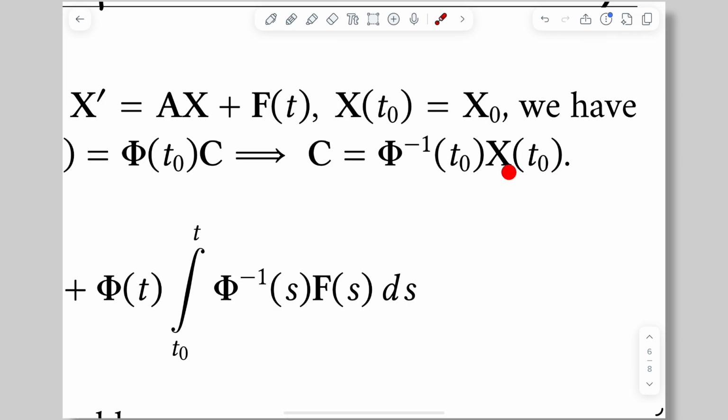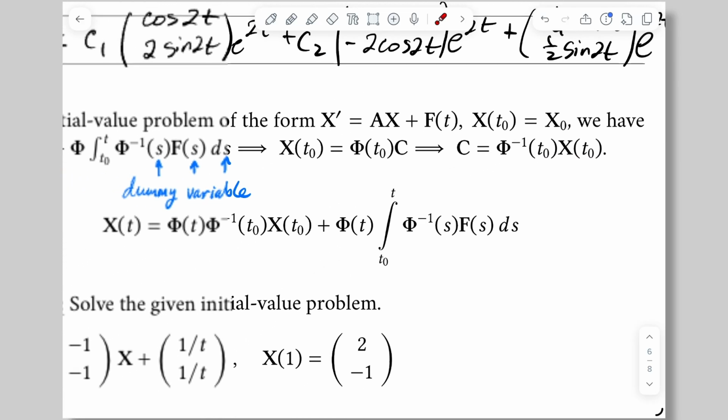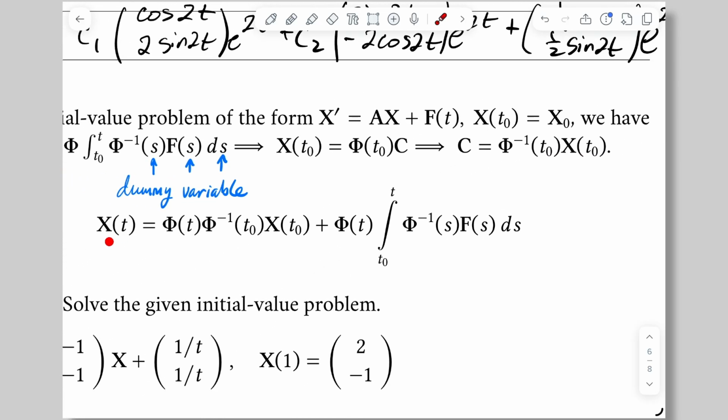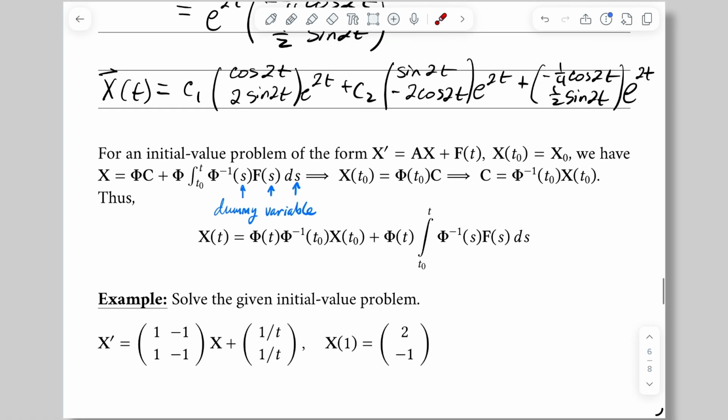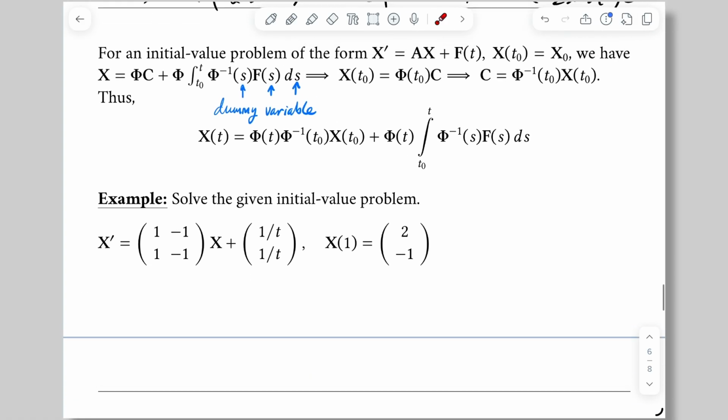That's the information that we have in our initial condition there. So the form of equation that we have is x equals phi times c plus phi times the integral from t naught to t of phi inverse times f. Before we let this get too confusing, let's jump into an example.